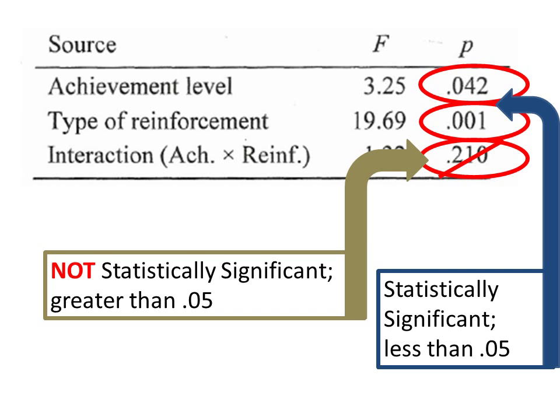Now, the interaction is not significant because P is greater than 0.05, and the null hypothesis regarding this interaction should not be rejected. So the 3 null hypotheses have been tested with a single two-way ANOVA. 2 of them have been rejected.